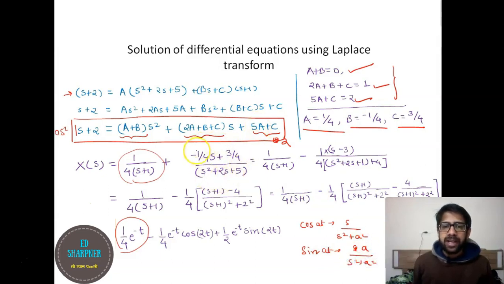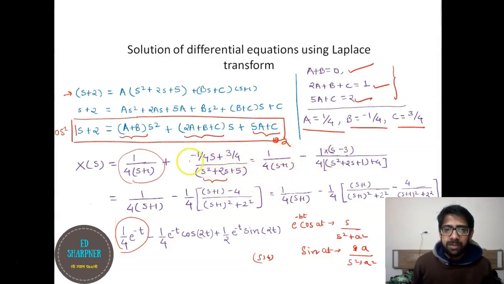We can bifurcate this particular term by simple mathematical manipulations. If e raised to minus bt is multiplied here, the s will change into s plus b. So we will convert the denominator as a sum of two perfect squares. Let us see how we can do it.